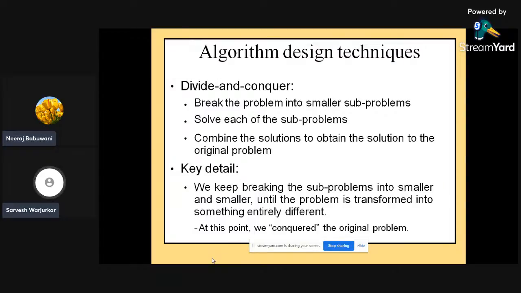The problem in hand is divided into smaller sub problems, and then each sub problem is solved independently. When we keep dividing the sub problems into even smaller sub problems, we may eventually reach a particular stage where no more divisions are possible.